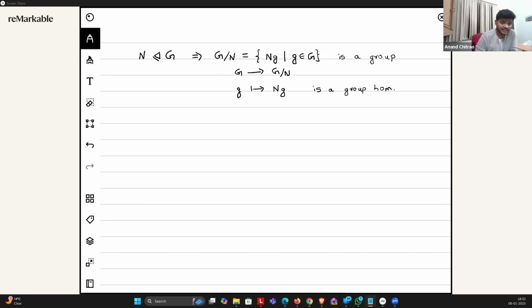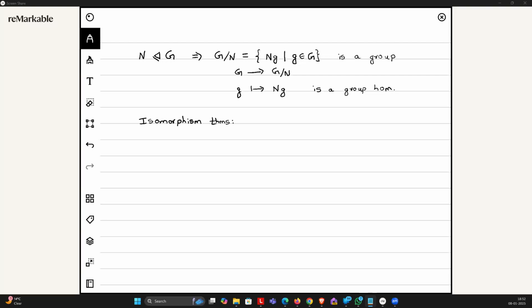Now, let us move on to some theorems. Isomorphism theorems. How many are there? Three. What's the first one? You can tell them in any order.